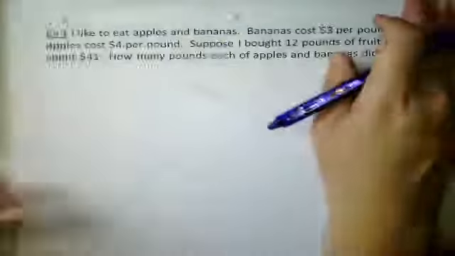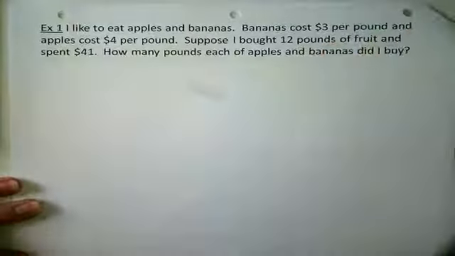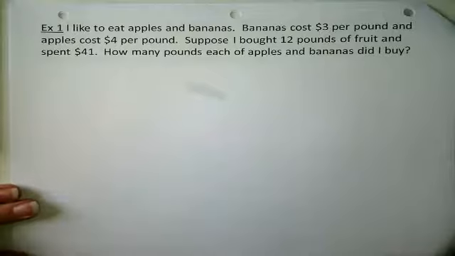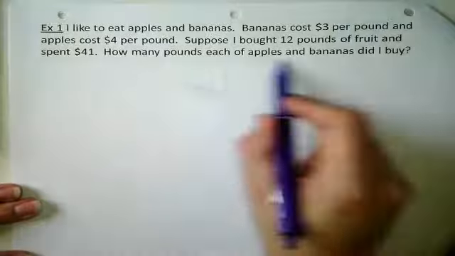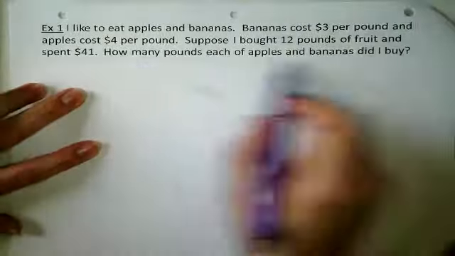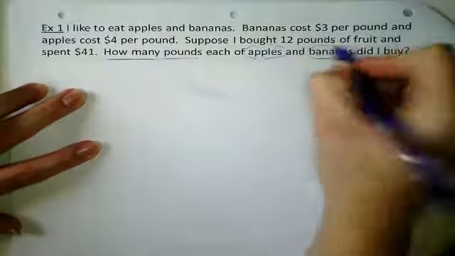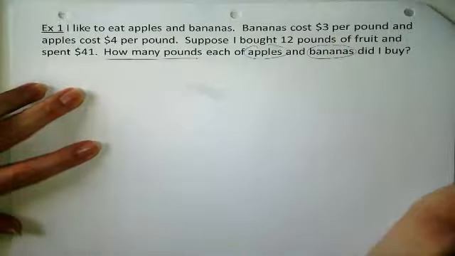So whenever we have word problems, we want to figure out what we're trying to solve for. So the very first thing I like to do is actually figure out what the question is asking. So I want you to actually start at the end and answer the question, because this is what we're trying to find. How many pounds of apples and how many pounds of bananas did I buy?